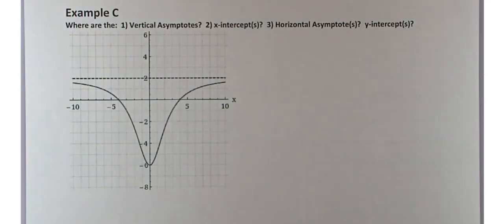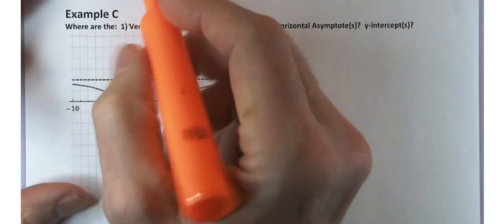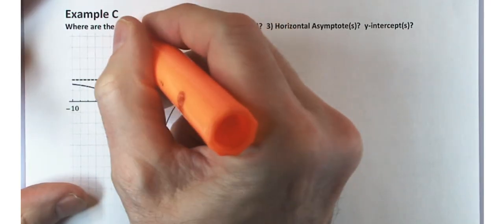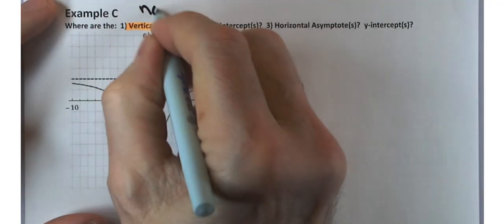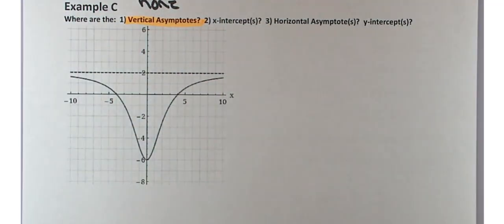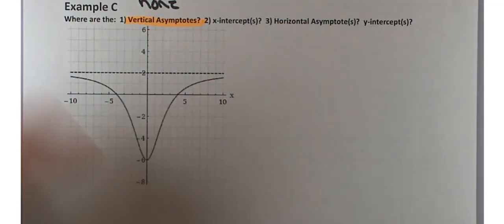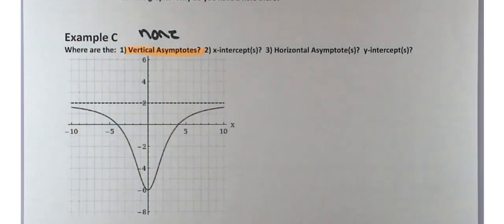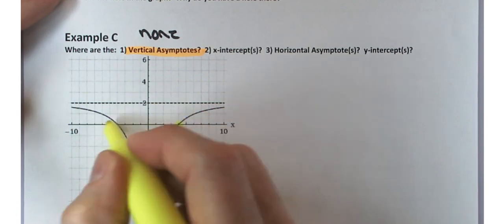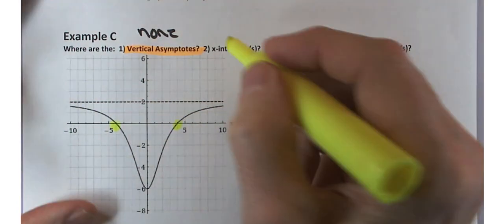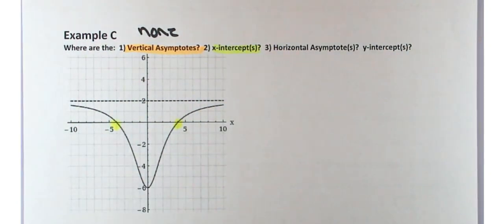So, no. No, none there. How about x-intercepts? Are there any x-intercepts? Yeah, where would the x-intercepts be? Yeah, thank you. 4, 0, and negative 4, 0.